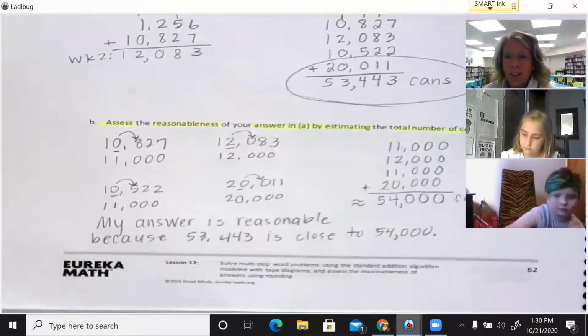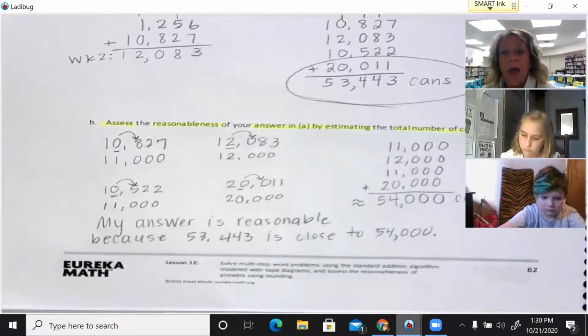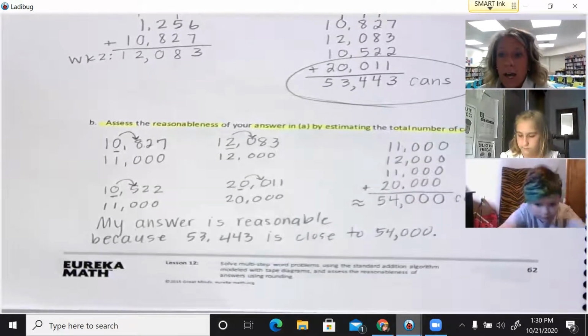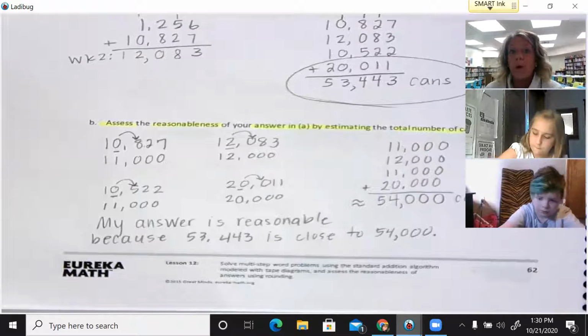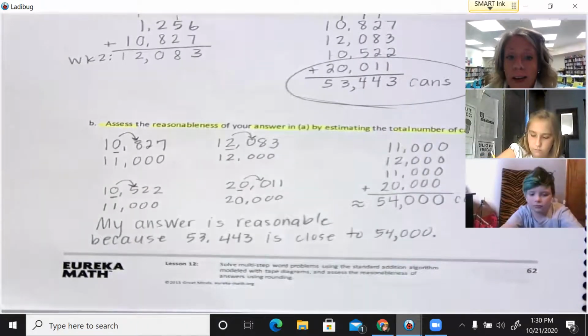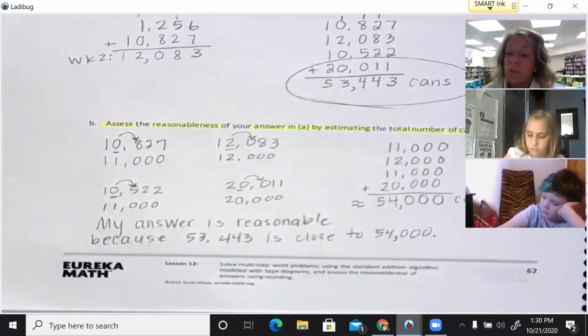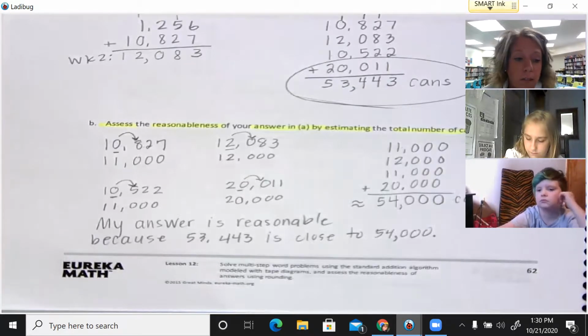Right, so yesterday we were just practicing and reviewing addition. Today, we had to use the skills from yesterday to add big multi-digit numbers, but then we also had multi-step problems. So we had to do a lot of estimating and then adding and estimating. So you're seeing that all of our rounding skills are being used in this lesson also.